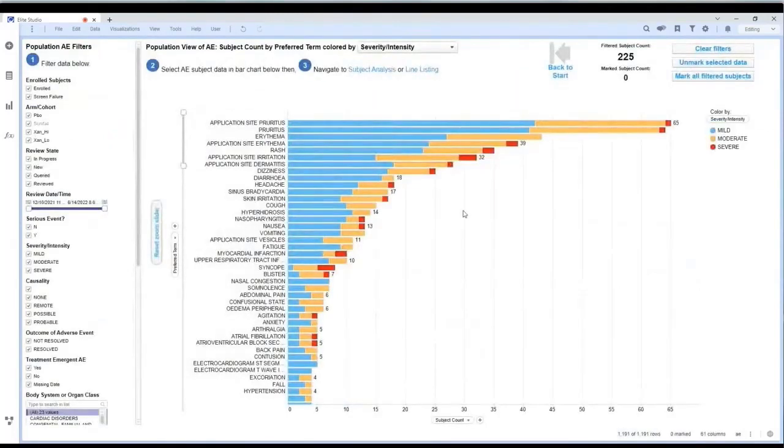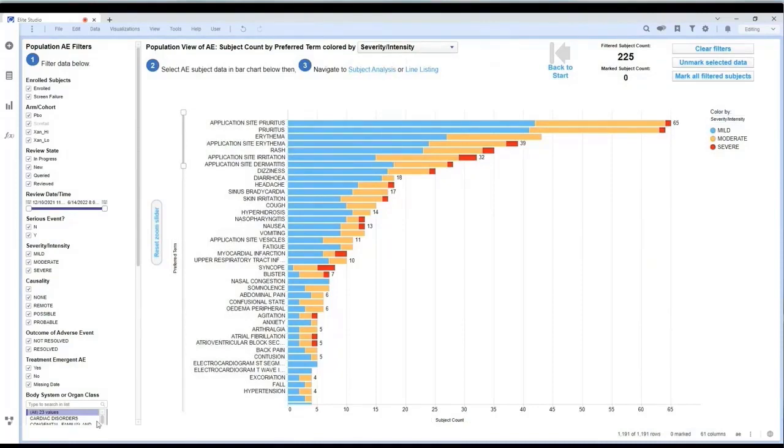And as I click this, I see that there's, again, a ranking by frequency of the adverse events and coloring by severity. I could, in fact, take a look at body system or organ class.